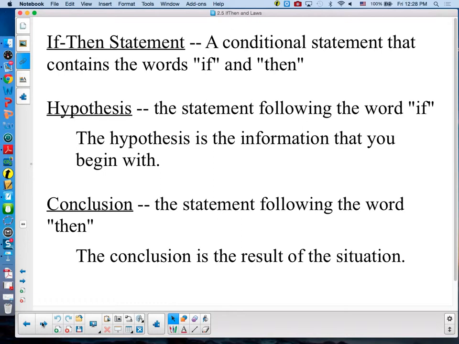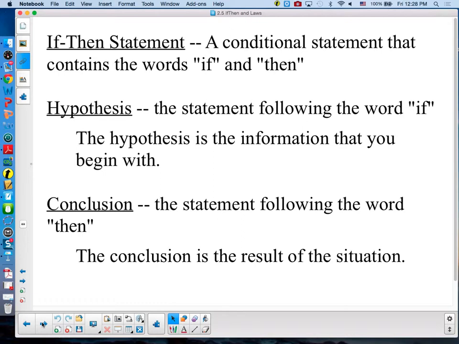Creative. If I wear boots, then I step in the rain. What was the hypothesis? I wear boots. What was the conclusion? Step in the rain.